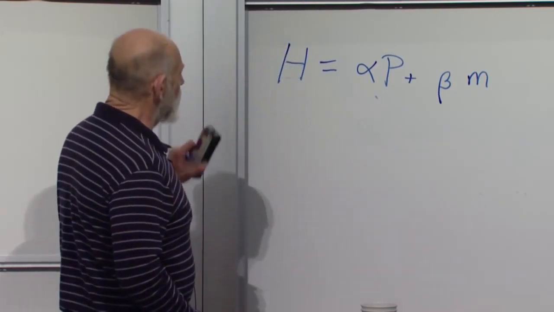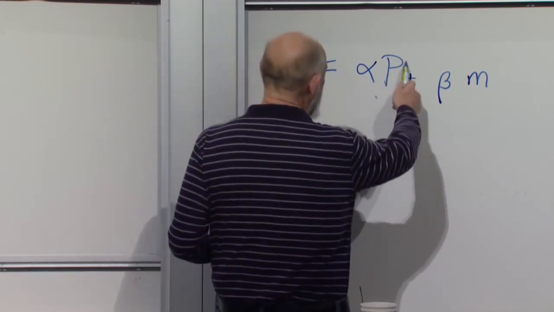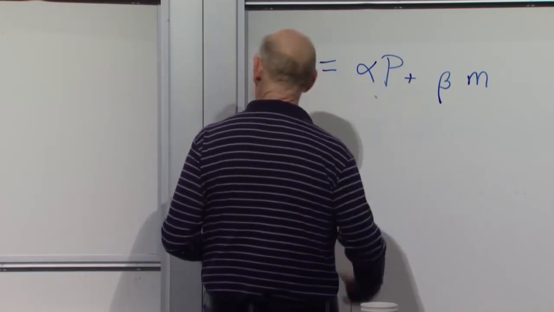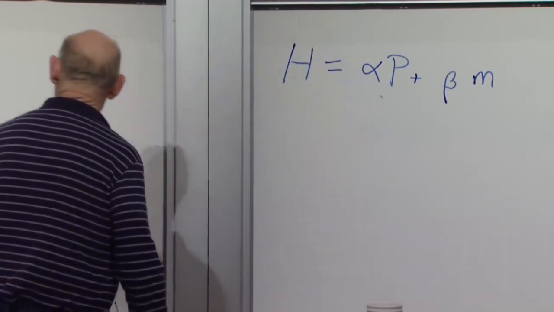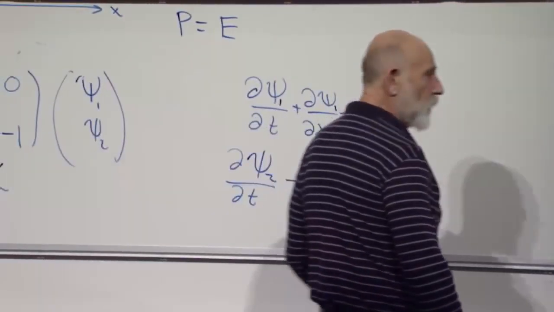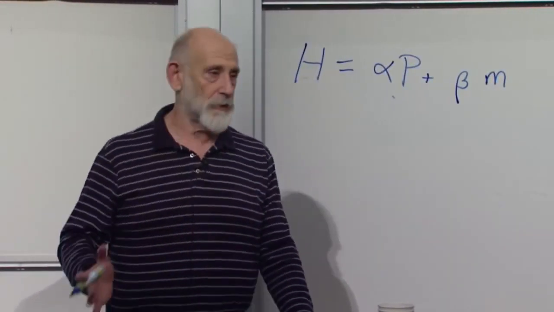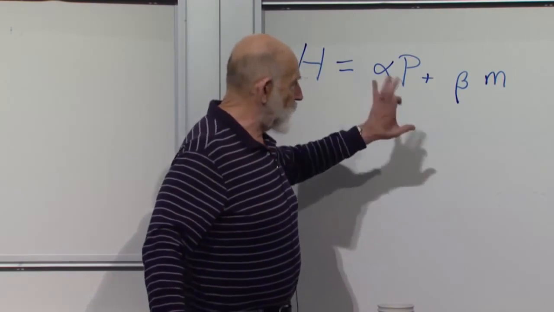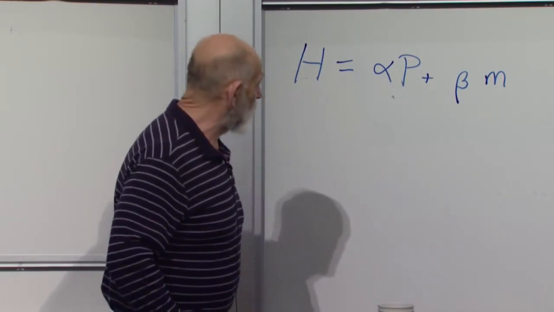Okay, so this is some operator. It's a genuine operator. P is the momentum operator. Alpha is the alpha operator. Beta is some operator which has only to do with the two-componentness. It doesn't have to do with X. It doesn't have to do with P. It just acts on the two-component spinors. We'll call them spinors for what they are.